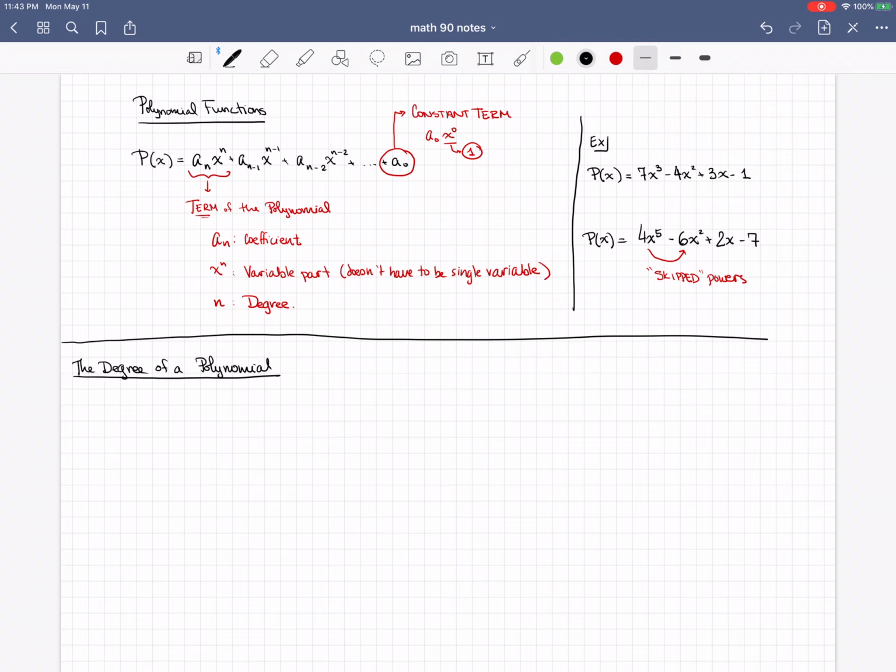So we already talked about the degree of a term. That is the power on the variable part of the term. Well, the degree of the polynomial is the highest of the term degrees.